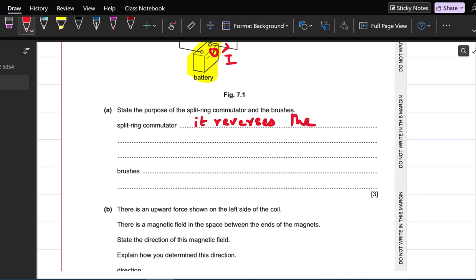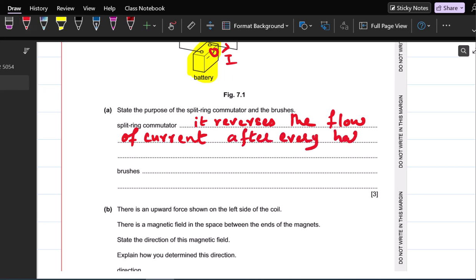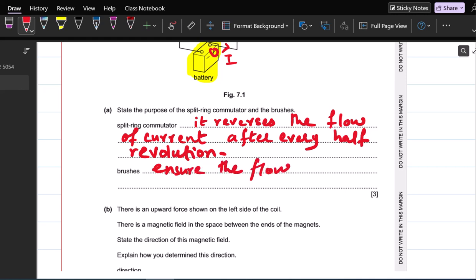It reverses the flow of current after every half rotation, or you can say after every 180-degree rotation, or after every half revolution. So simple, straightforward. So why we need brushes? Brushes ensure the flow of current in the circuit.